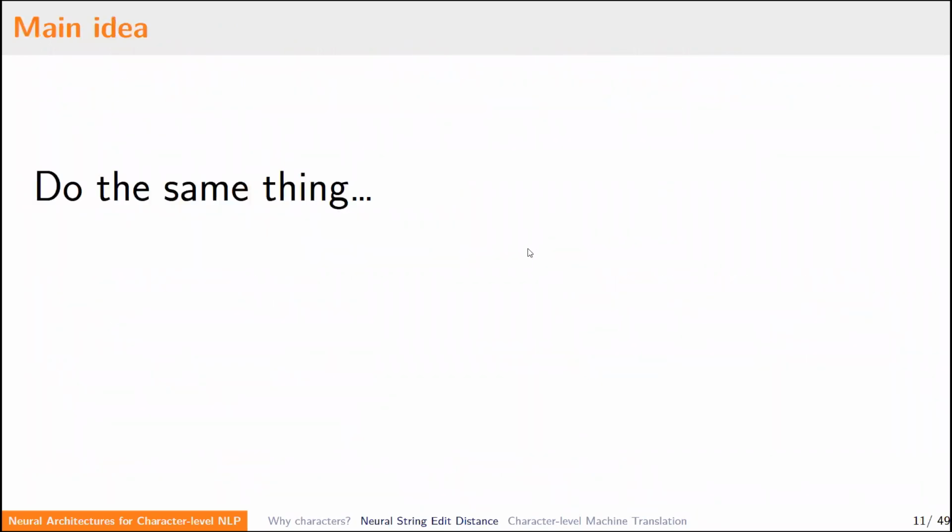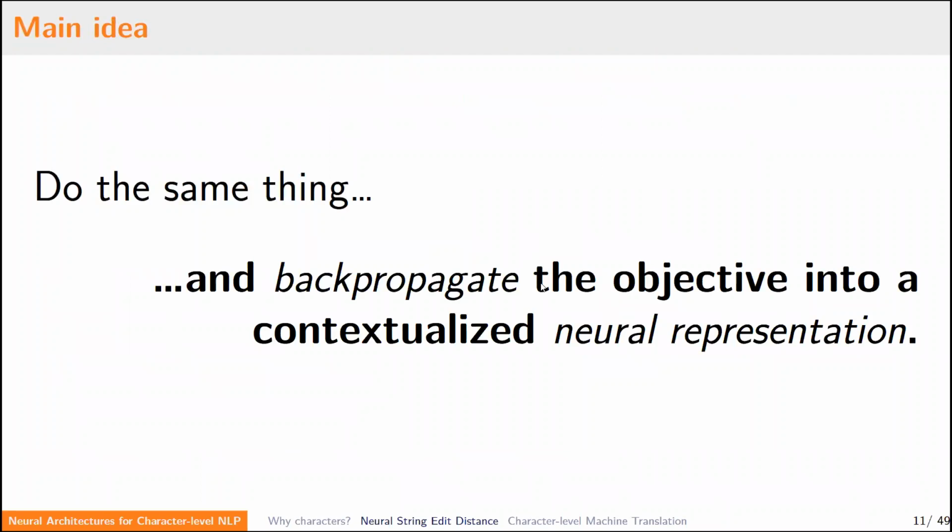So instead, we change the model in such a way that we can backpropagate the error into a contextual neural representation of the characters.